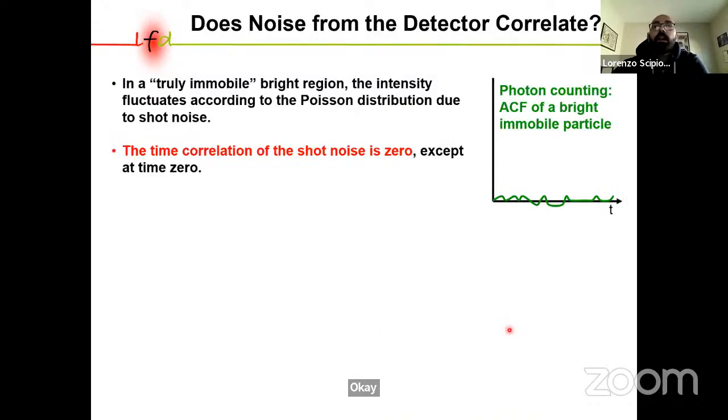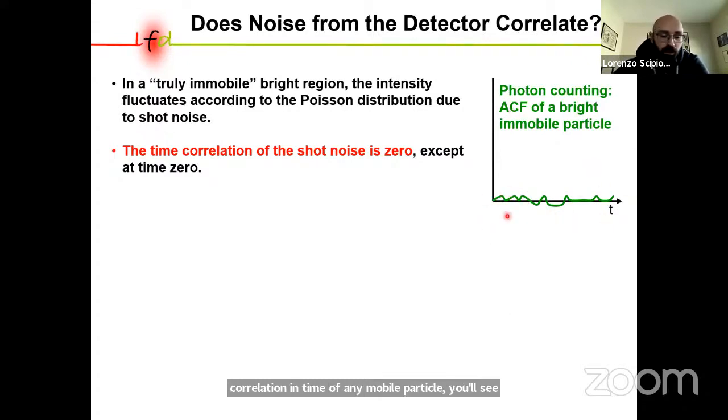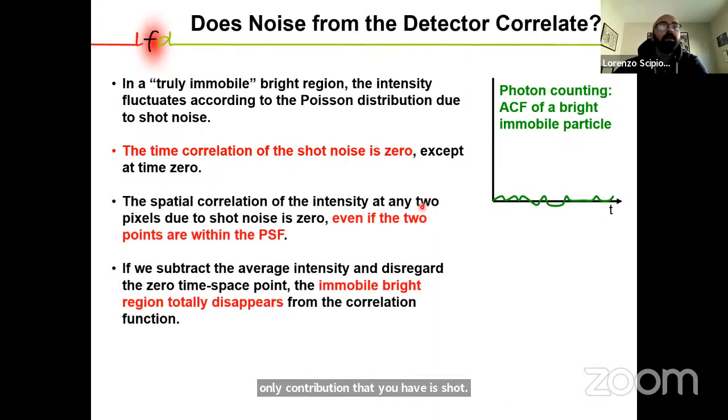Luckily, we're dealing with correlation. So if you take a look at the autocorrelation in time of an immobile particle, you'll see that it's basically zero because it doesn't move, right? The only contribution that you have is shot noise, so we don't care about this. Spatial correlation of shot noise with no spatial pattern is zero, so this is good.